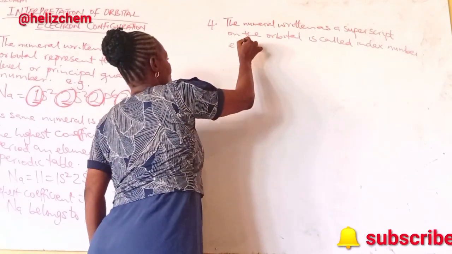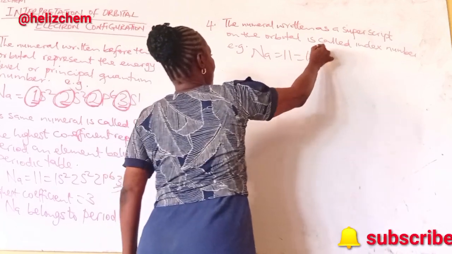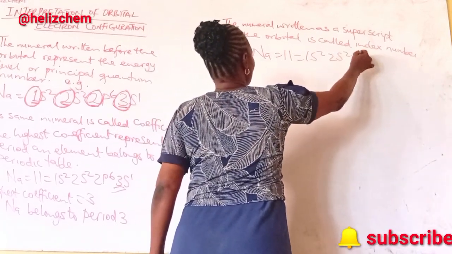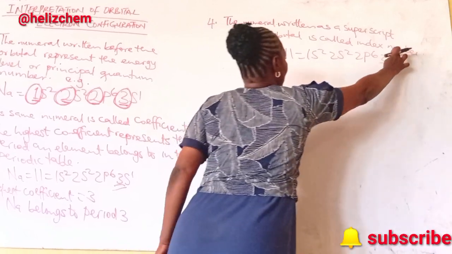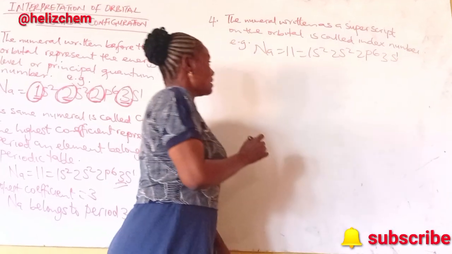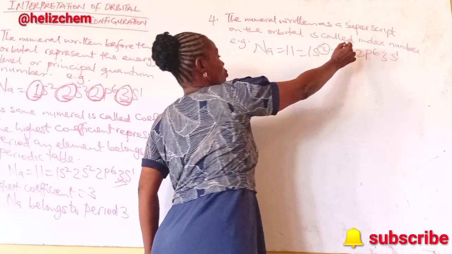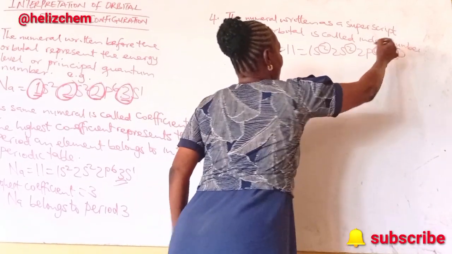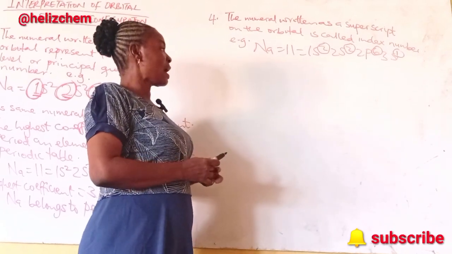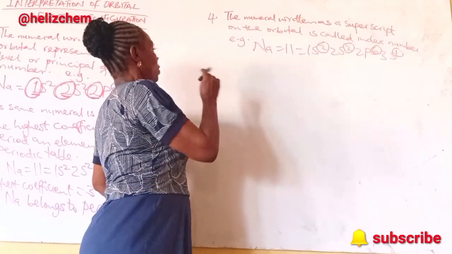For example, we are still using the same sodium, which is 11: 1s2, 2s2, 2p6, 3s1. So what I'm saying is this circled number 2, 6, 1 are referred to as index number.